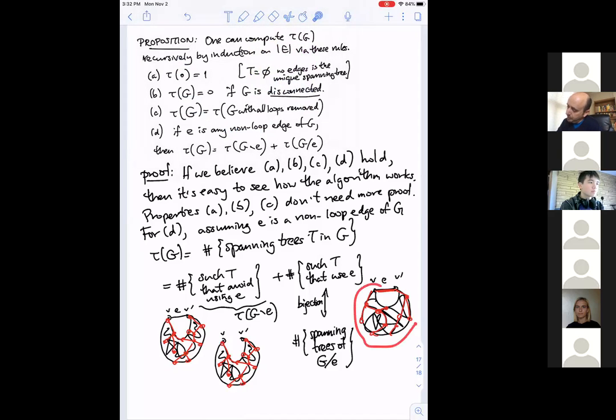So here's a picture of a spanning tree in G that used the edge E right there. Well, all I do to get a spanning tree in the contraction is I contract it down. So here's my contracted graph, which again has all these other things going on in here.